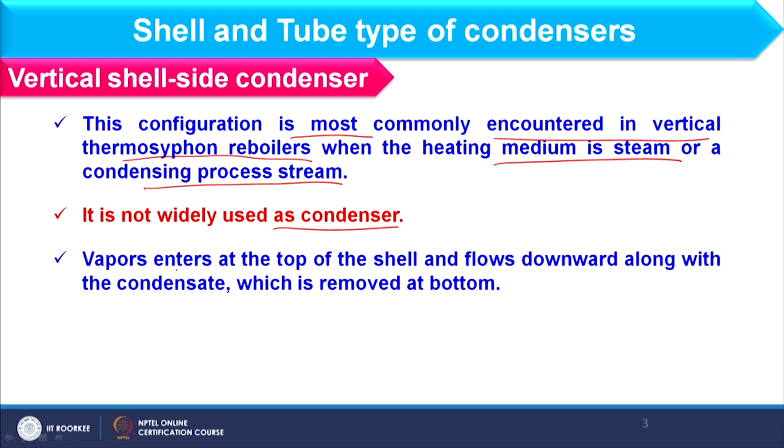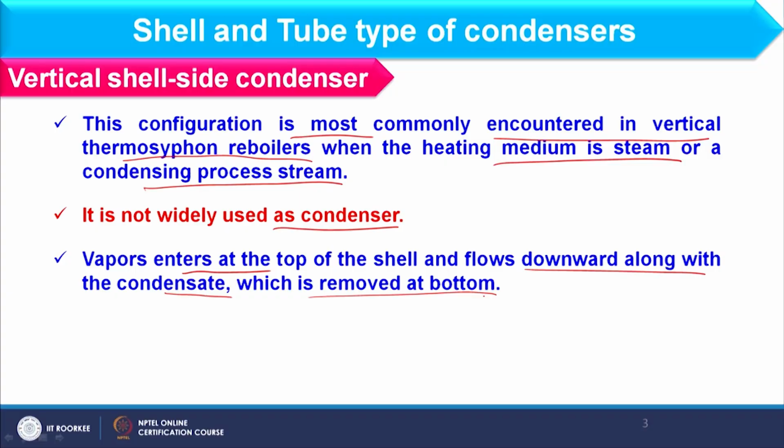And if you see further that in such type of condensers vapor enters at the top of shell and flows down along with the condensate which is removed at the bottom. So, if I ask you what is the usual movement of vapor, because of less density the movement is upward obviously. But in this condenser we let the vapor enter from the top, because what will happen when we let it enter from the bottom and when condensation will take place, obviously the condensate will be collected at the bottom only because of its natural movement.